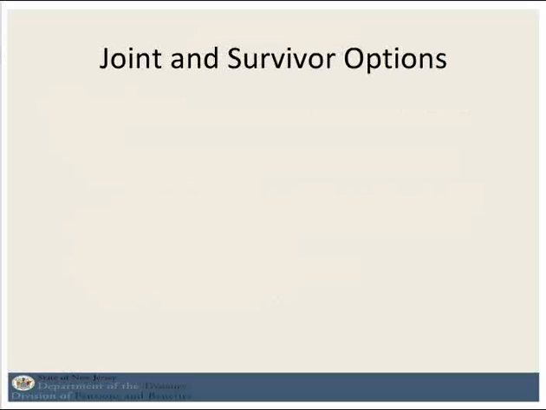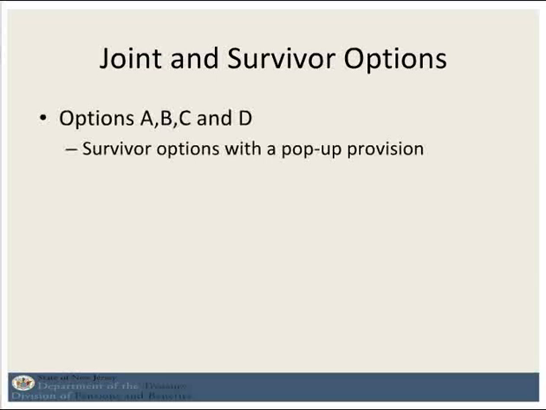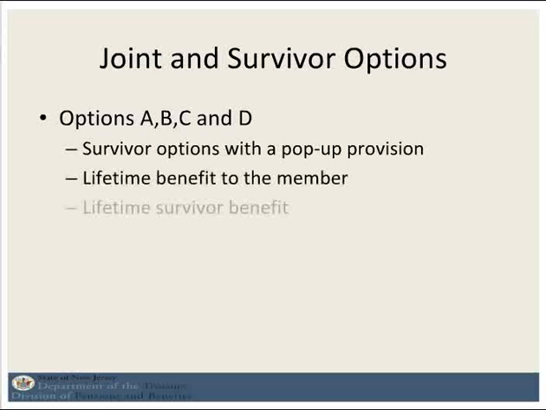We have several joint and survivor options for members who wish to leave a benefit to a survivor after their death. The first set of these options are joint and survivor with increase to maximum, or a pop-up provision. These are options A, B, C, and D. They will provide a lifetime benefit to the member, as well as a lifetime survivor benefit to one person.